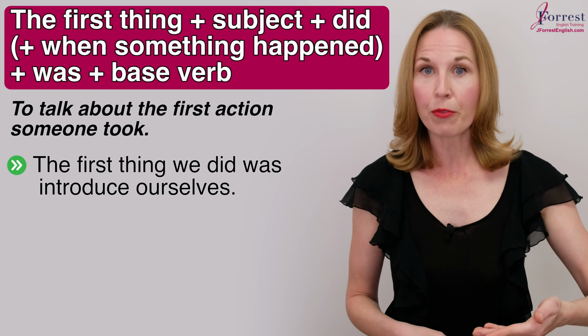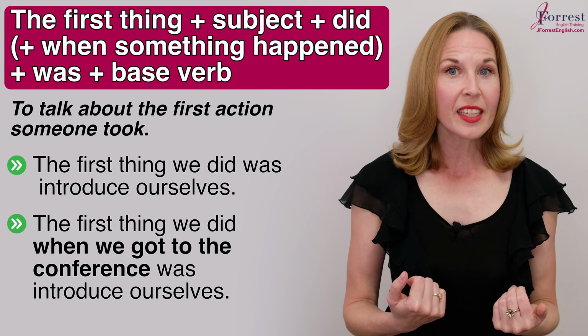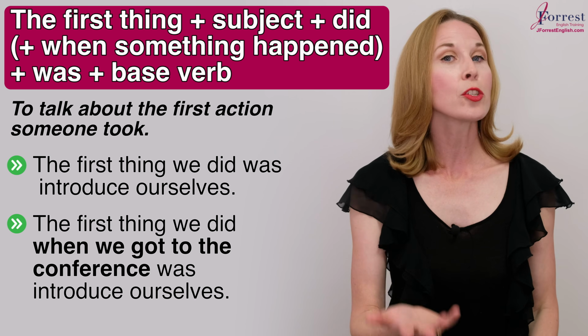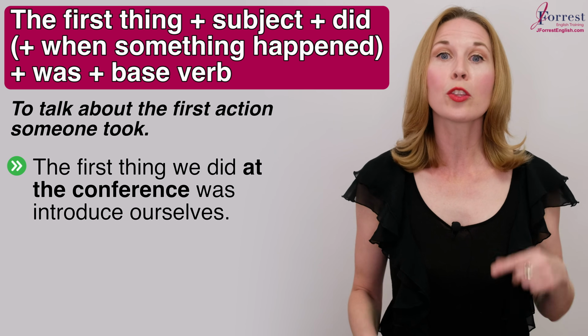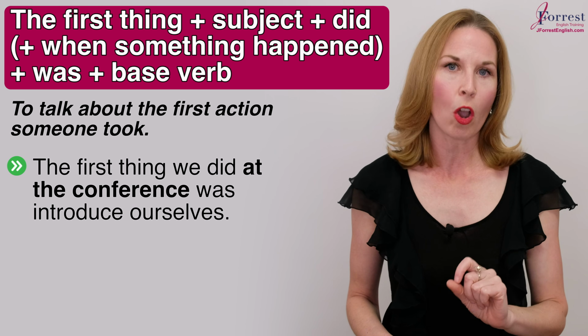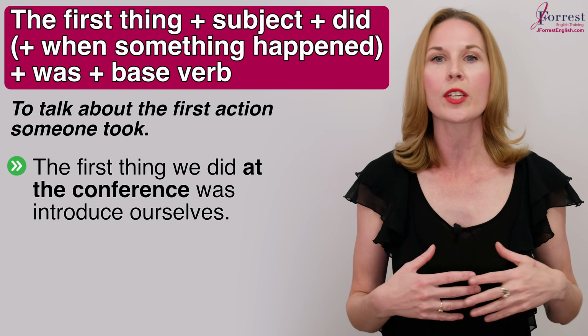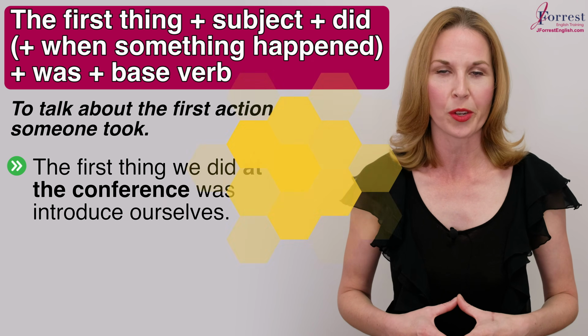To add on that information, the first thing we did when we got to the conference was introduce ourselves. You could also say the first thing we did at the conference was introduce ourselves. So there are other ways to express that middle information. And now you have patterns that you can use to form thousands of sentences.